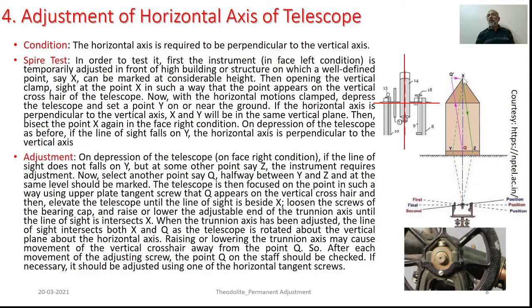So here, say with the face left condition, station X is bisected, the telescope is rotated in the downward manner, and some marking is done on that particular vertical surface at ground level.